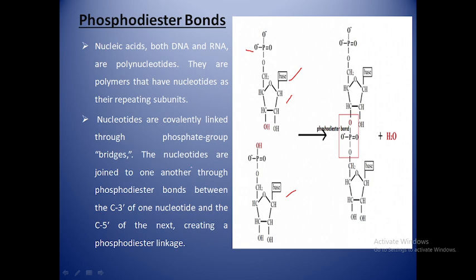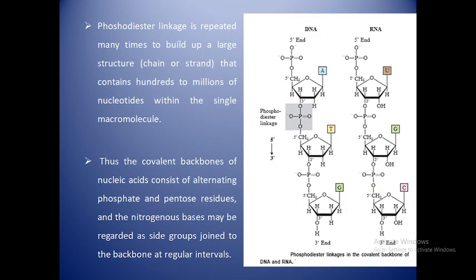The nucleotides are joined to one another through phosphodiester bonds between C3' of one nucleotide and the C5' of the next, creating a phosphodiester linkage. Phosphodiester linkage is repeated many times to build up a large structure that contains hundreds to millions of nucleotides within a single macromolecule.